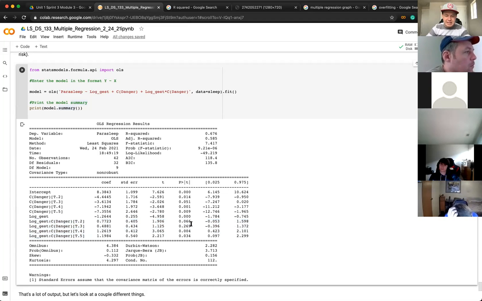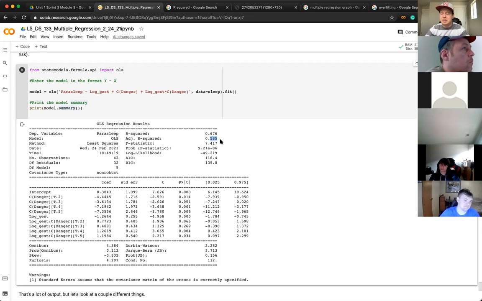However, see that a couple of these are not significant, right? Not significant, not significant, but a couple of them are significant. The R squared has improved. So maybe there's something to be said about the relationship between gestational time and danger level that changes the amount of dreaming sleep that an animal would get. Okay. This is not like a home run of an interaction term. Interaction terms usually aren't a huge home run unless you have like a really good reason to suspect why they might be there.